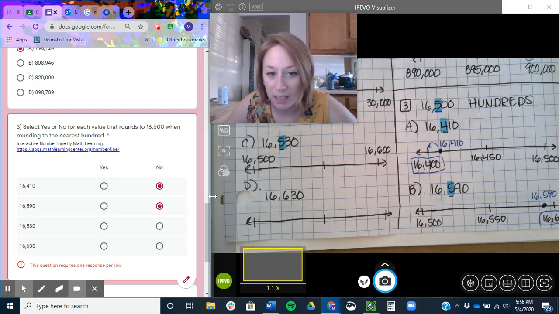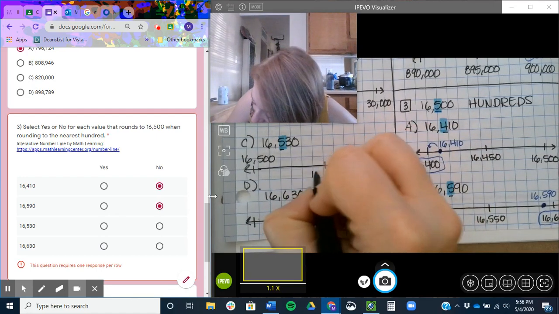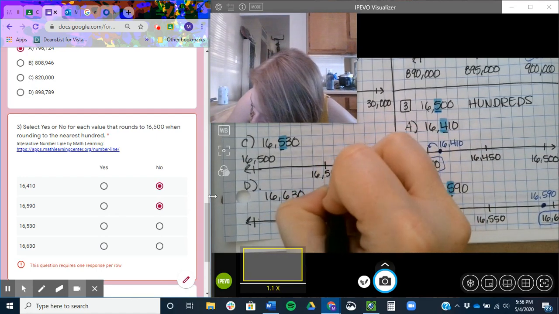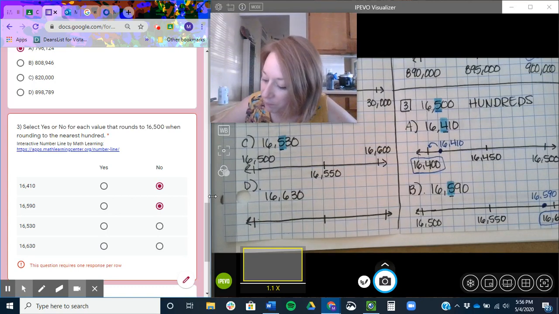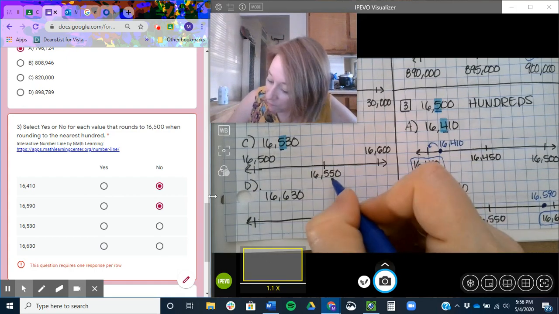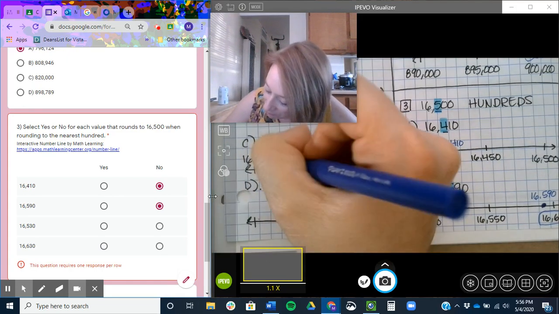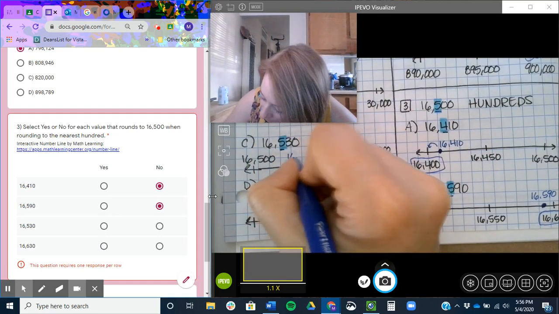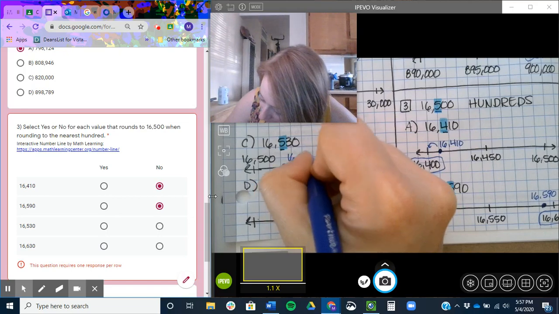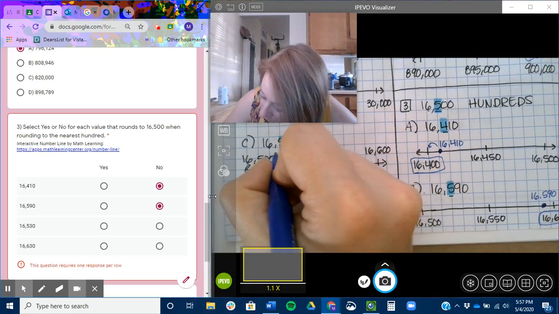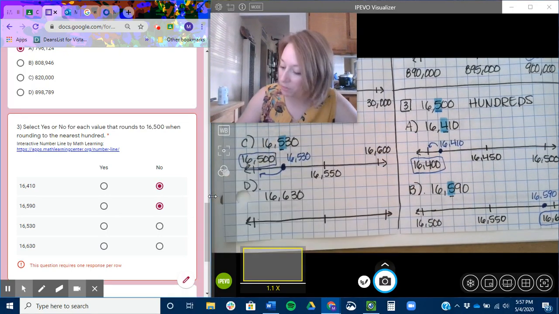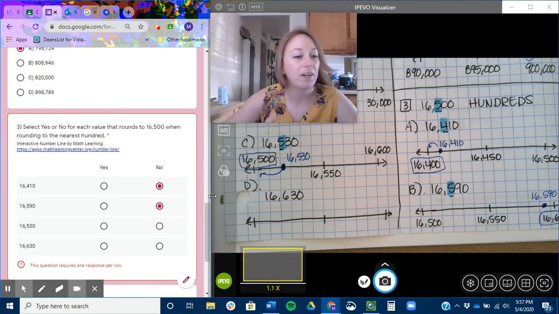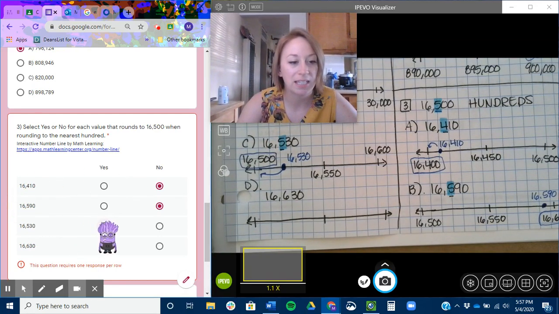The midpoint would be 16,550. When we label 16,530 on our number line, it is before 16,550. I actually think it's about right here. So it looks like this one indeed would get rounded to 16,500. So for that one, let's go ahead and select yes.